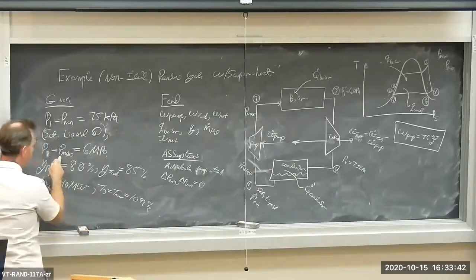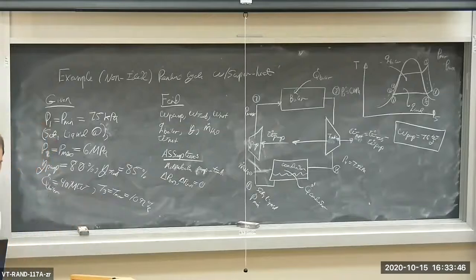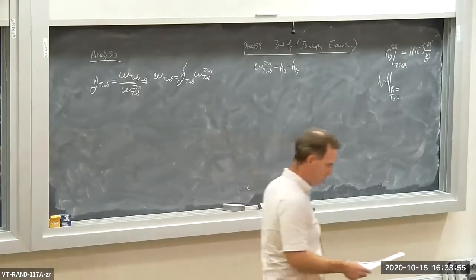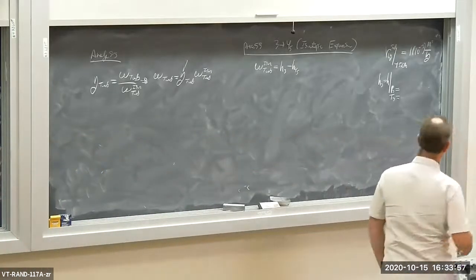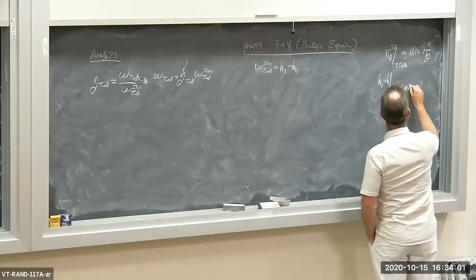So P3 is 6 megapascals, and T3 is 1092 degrees Kelvin.